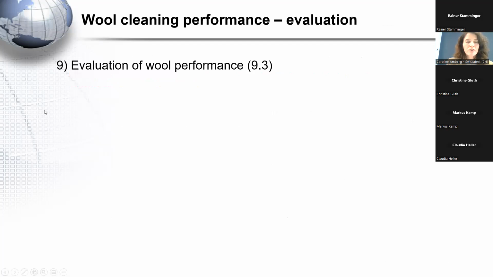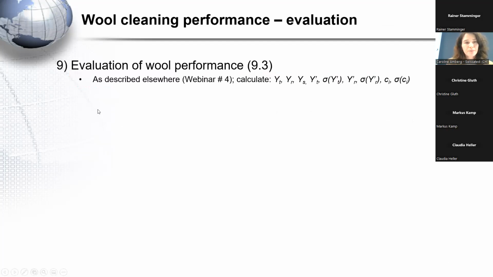Okay, then the evaluation of the wool performance. The evaluation of the wool performance also follows the general principle of performance evaluation. So it's the same formula as for the standard cleaning performance or the cold wash cleaning performance. It was already described and presented in webinar 4.